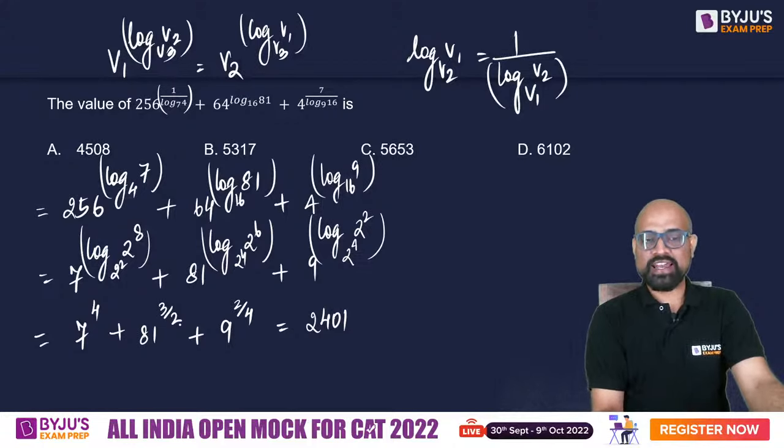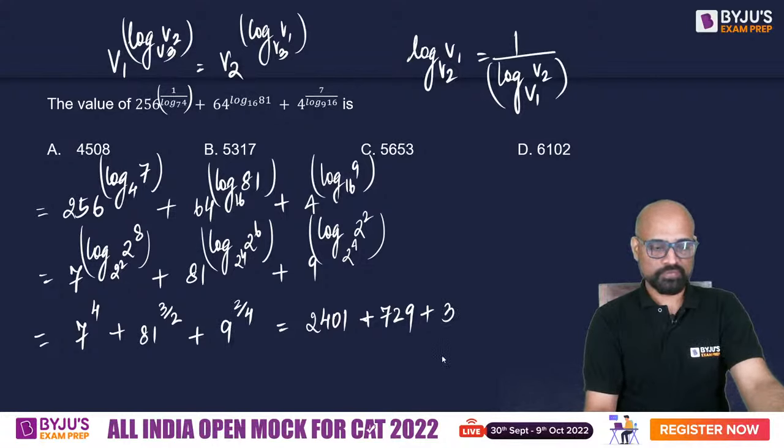Now this is the square root of 81, which is 9. Now 9 cube is going to be 729. And then we will have the square root of 9, which is going to be 3.